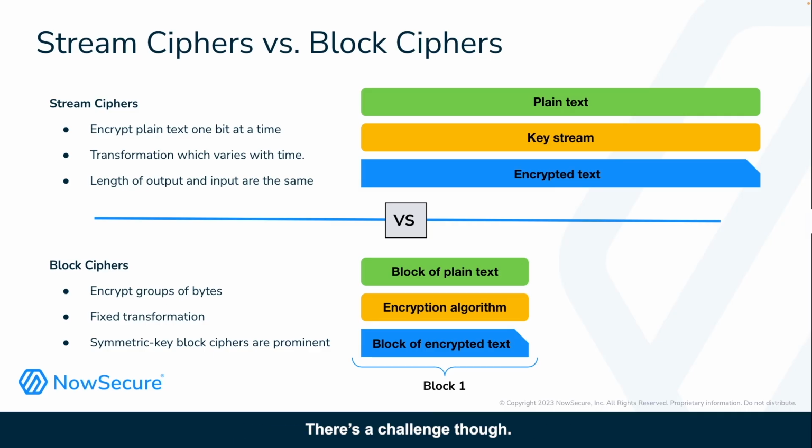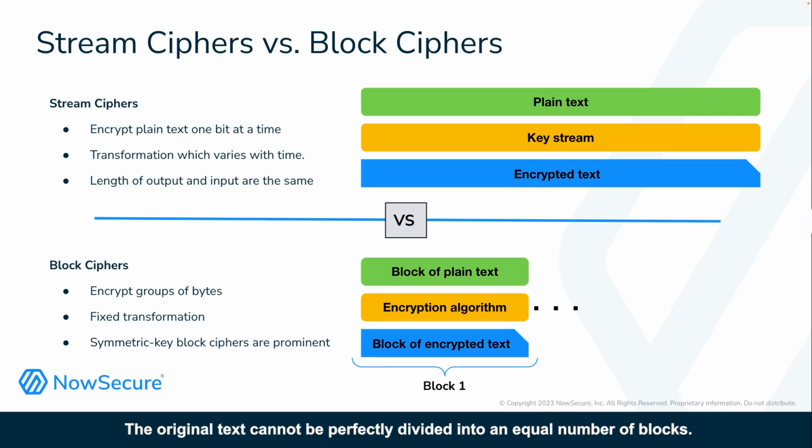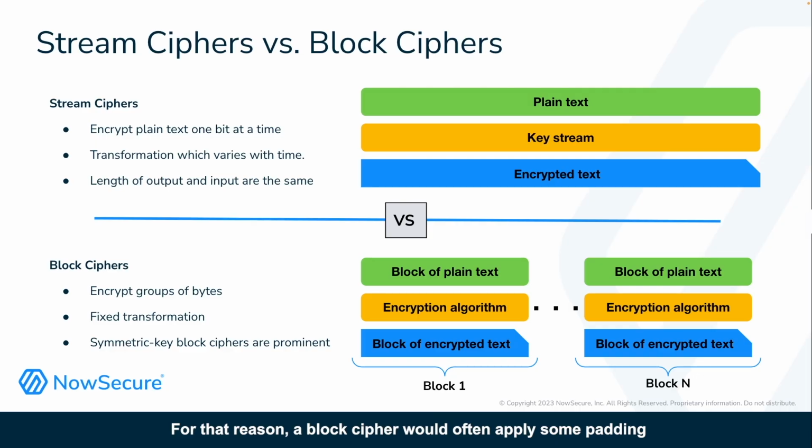There's a challenge, though. The original text cannot be perfectly divided into an equal number of blocks. For that reason, a block cipher will often apply some padding to fit and encrypt the entire message into the number of blocks.